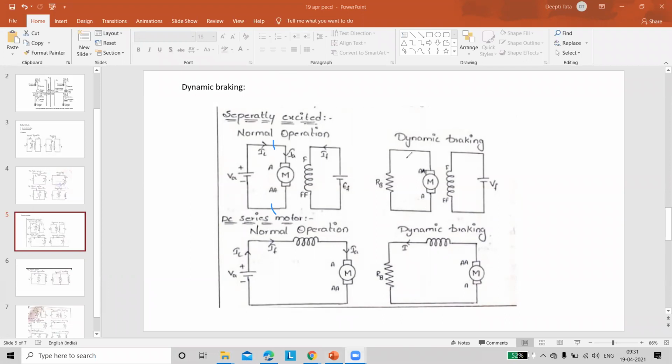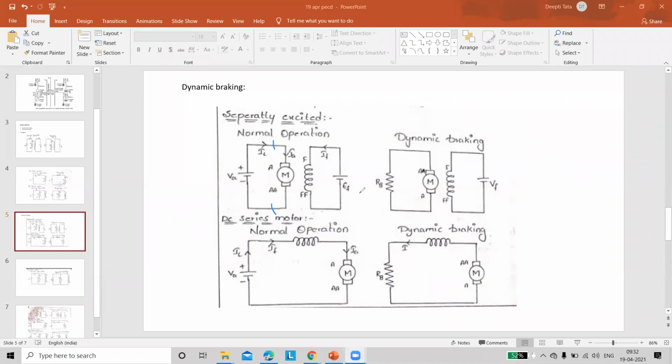That means the motor does not behave like a motor, it behaves like a generator, and the corresponding energy is dissipated in the form of heat across the resistor RB. So in this way, the motor rotates at low speeds and slowly comes to zero.